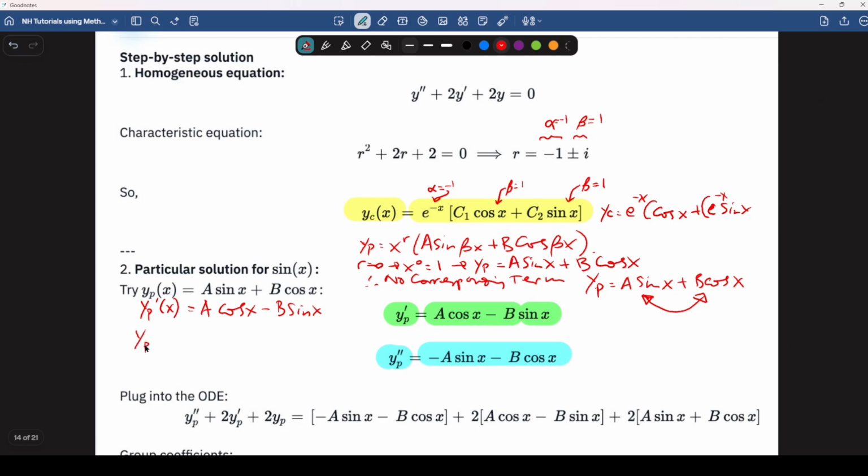The second derivative of yp is written here: negative a sine x, negative b cos x. So we have our yp highlighted here, and then our yp prime and yp double prime here.